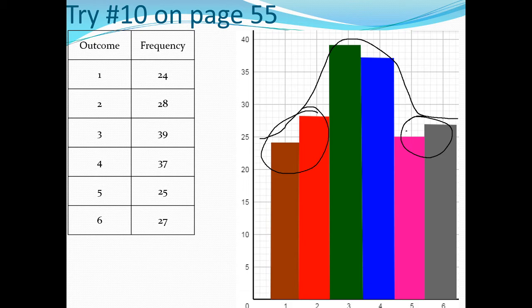Not exactly, but they're about the same height. And the two middle bars are roughly the same height as well. So this looks to be a roughly normal distribution where the middle numbers occur the most often and the extreme numbers occur less often in a somewhat similar fashion. But again, this would be an example of a completed histogram using the class midpoint method.